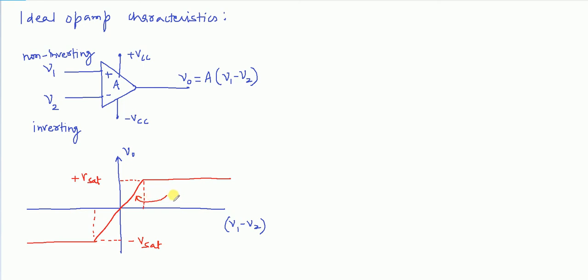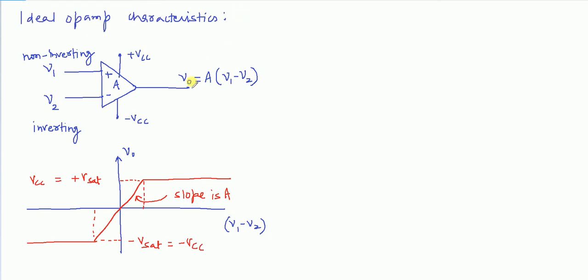The gain here, or the slope, is A. It means the output of OPAMP cannot go above plus Vsat and it cannot go below minus Vsat. And most of the time this plus Vsat is the positive supply voltage and minus saturation voltage is negative supply voltage.